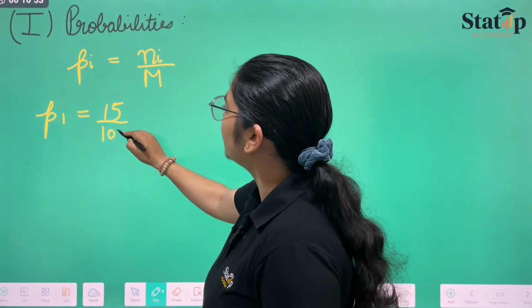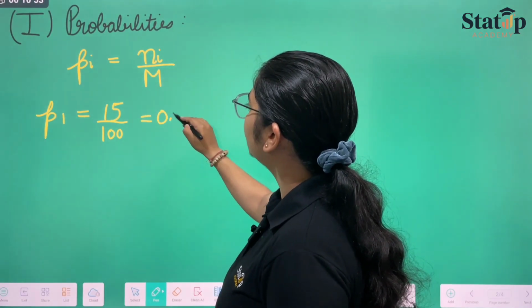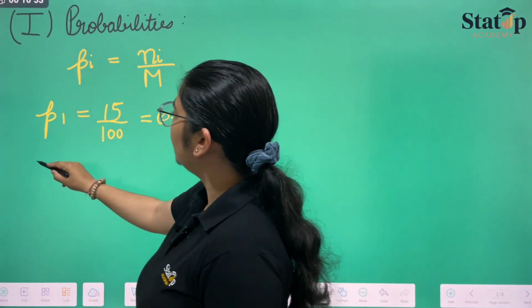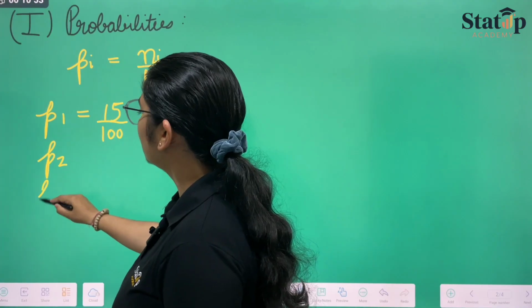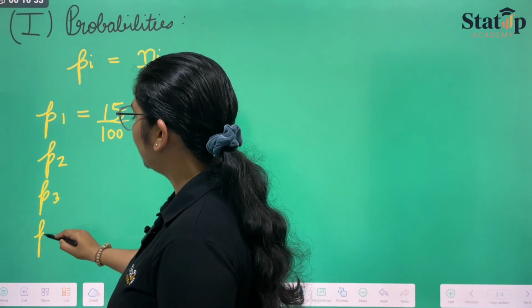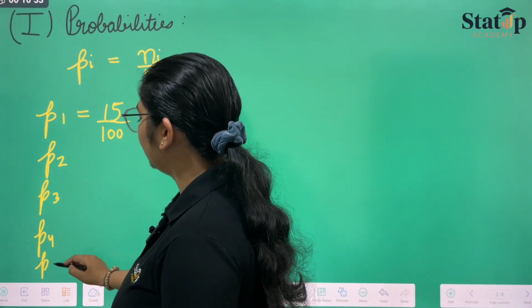So it will be 15 upon 100, which is 0.15. And similarly, we will be calculating for P2, P3, P4 and P5.